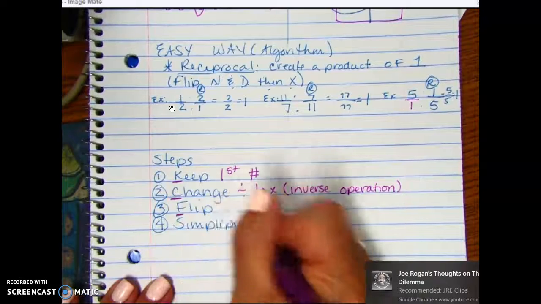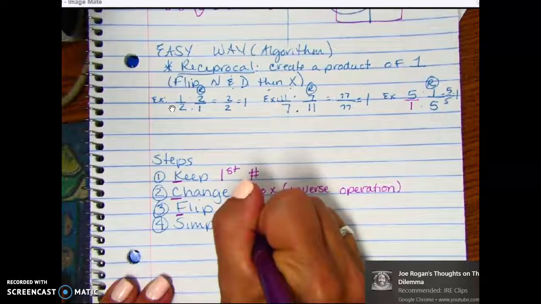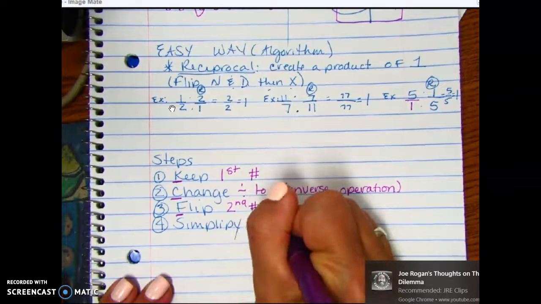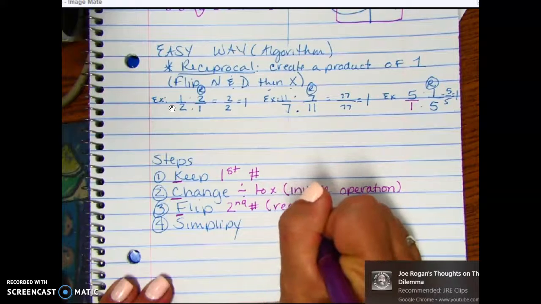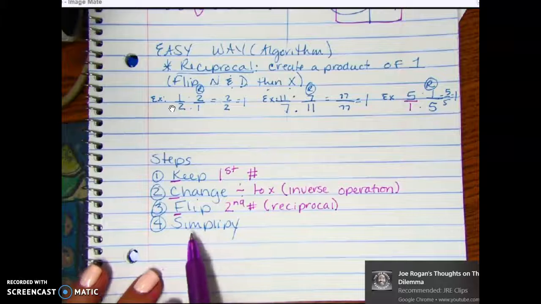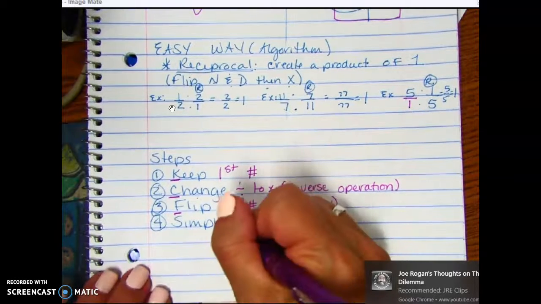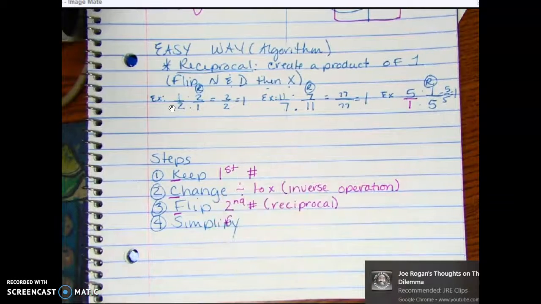Next, we flip the second number. That means using the reciprocal, sorry about that, stumbling over my words. And then, of course, the final step is always to simplify, not pi, but simplify.